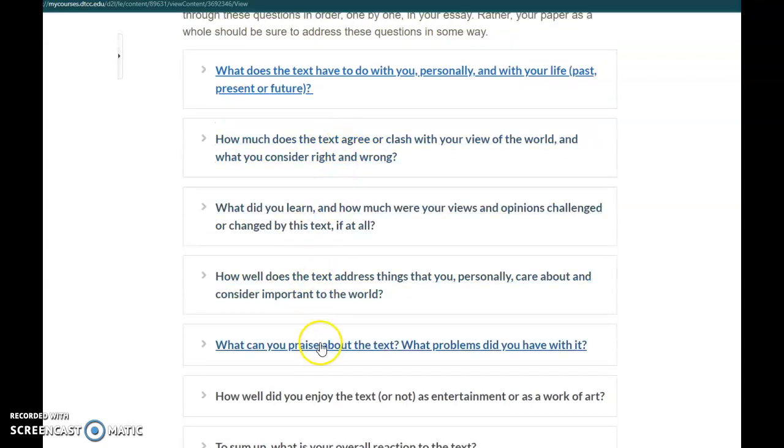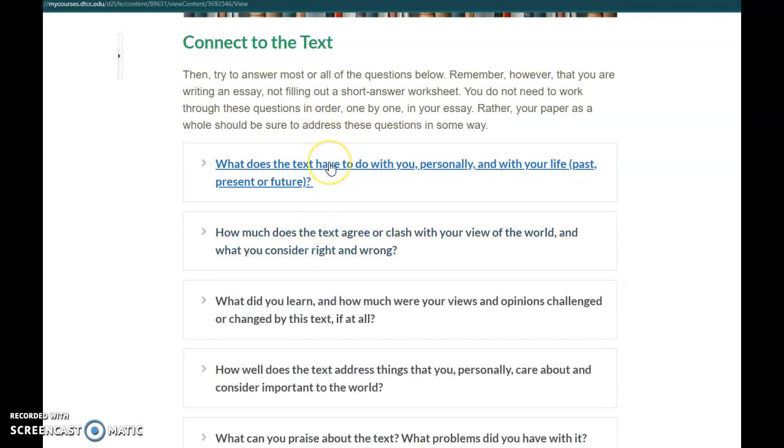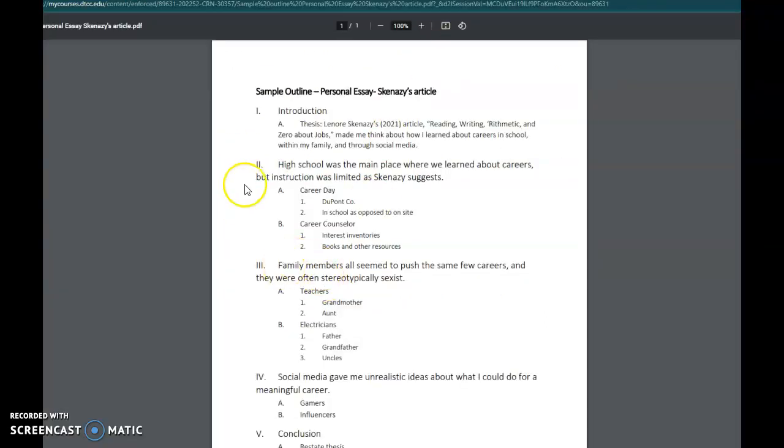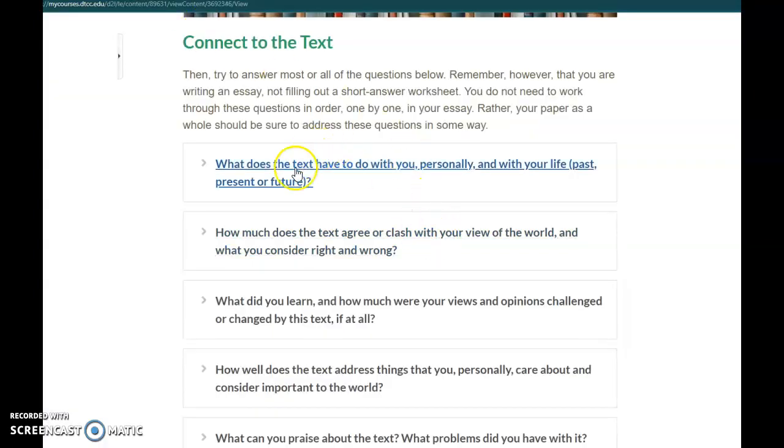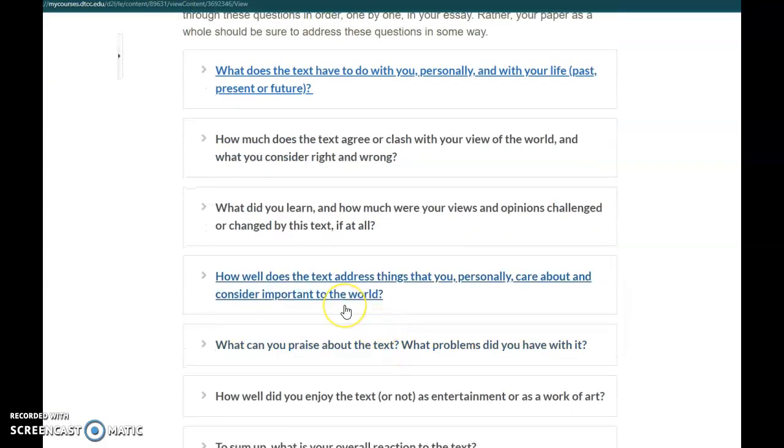When you're looking at these questions, pick 4 or 5 of them and respond to them in a sentence. You're trying to figure out ways to react to the text. Pick 4 or 5 of these places where you can have a reaction.